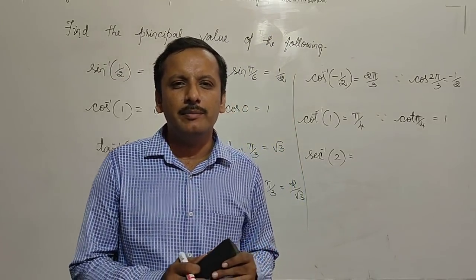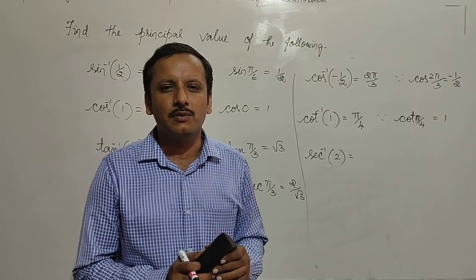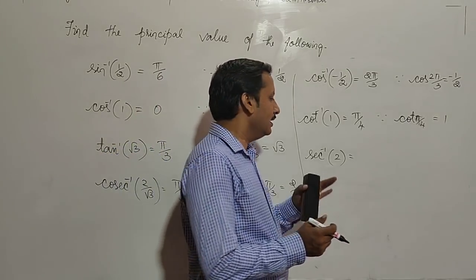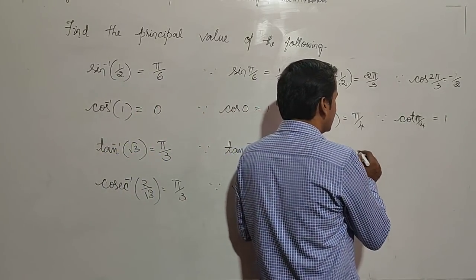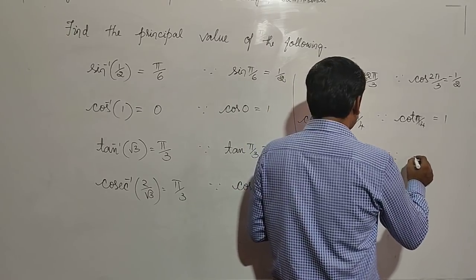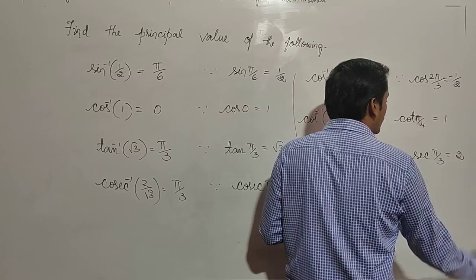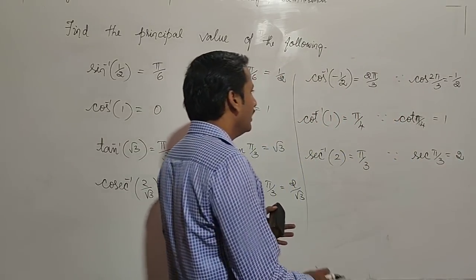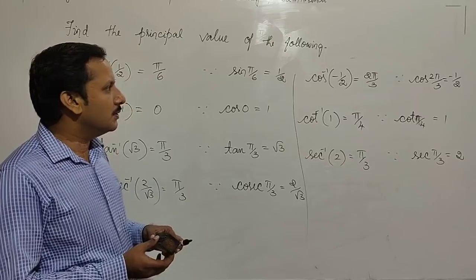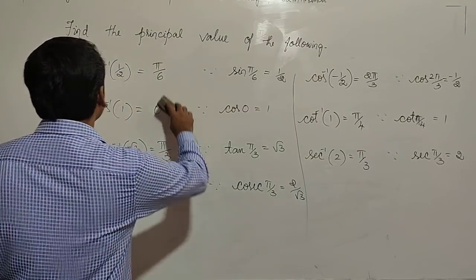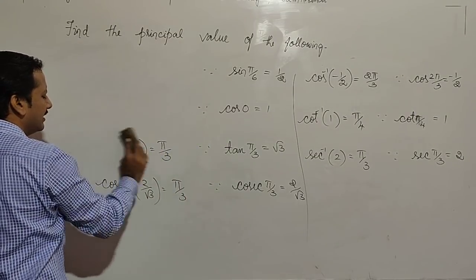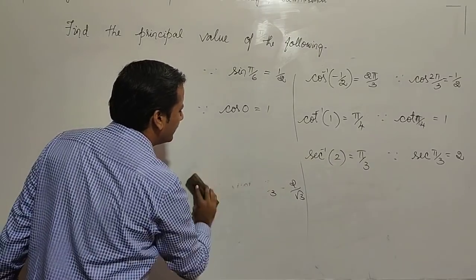Cos theta will be equal to 1 by 2 when theta is equal to pi by 3. So secant inverse 2 is equal to pi by 3, since secant pi by 3 is equal to 2. Okay, so now let us look at the next set of problems.